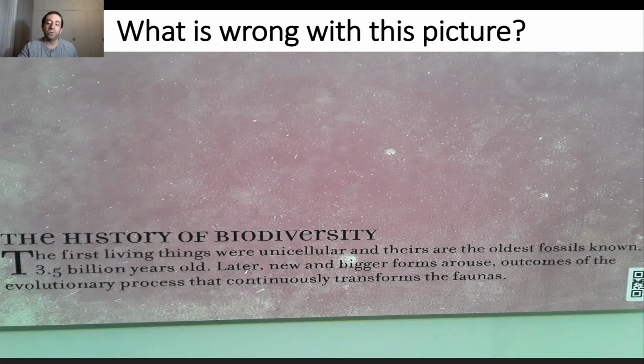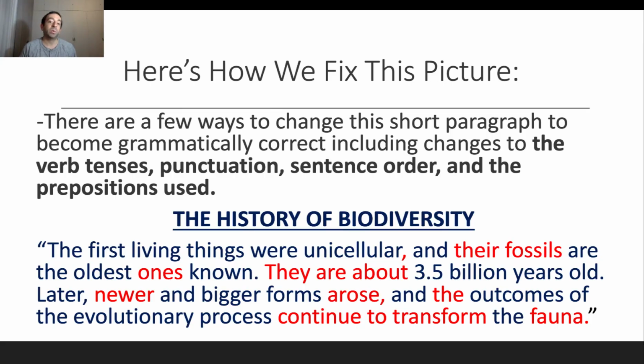Let's compare that to: The first living things were unicellular, and their fossils are the oldest ones known. They are about 3.5 billion years old. Later, newer and bigger forms arose, and the outcomes of the evolutionary process continue to transform the fauna.